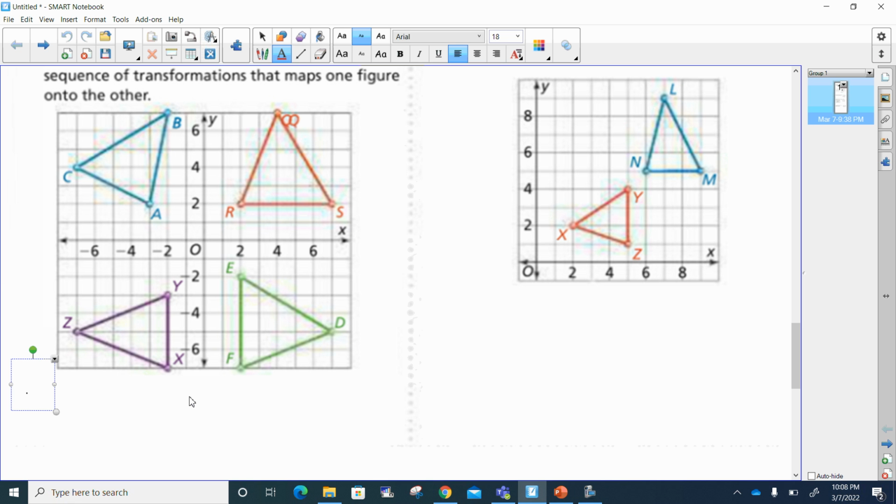we could say we're going to rotate triangle QRS. I should put triangle QRS.